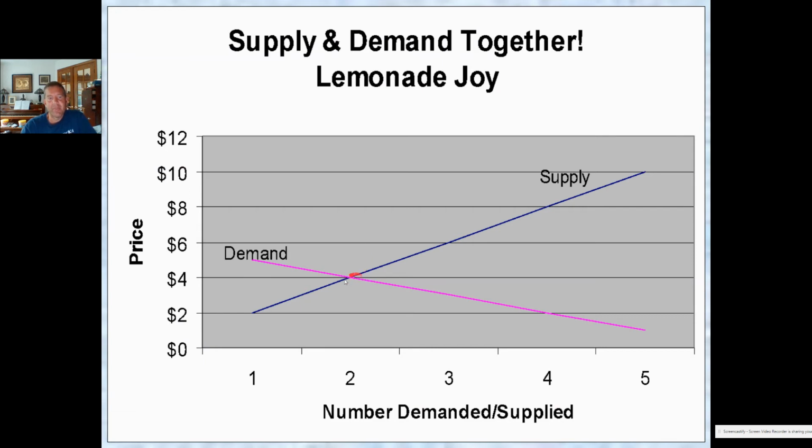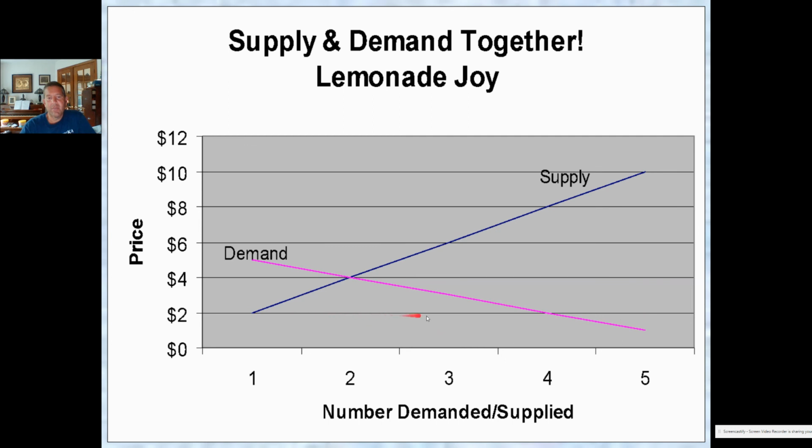So here's my equilibrium again, right? $4.02. In this scenario, if government stepped in and said, hey, we're going to just make a law that says $2 is the most anyone can charge for lemonade. So that would be called a price ceiling, right? Because it's limiting how high the price of lemonade can go, put a cap on it or a ceiling on it.